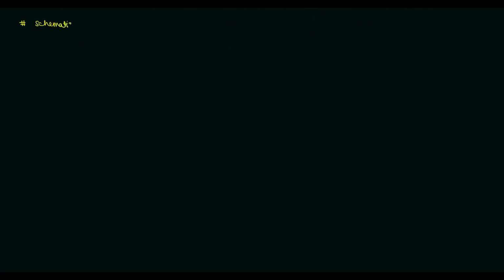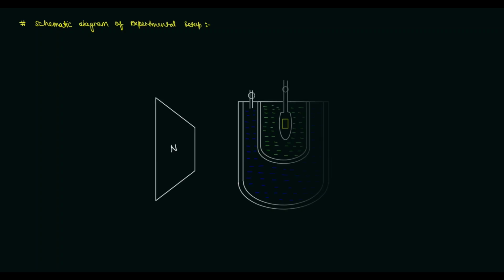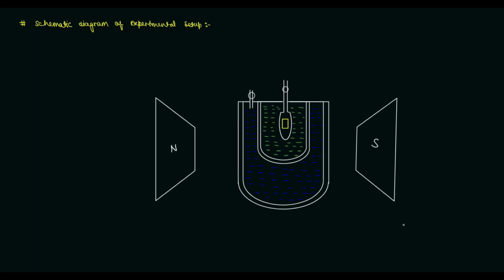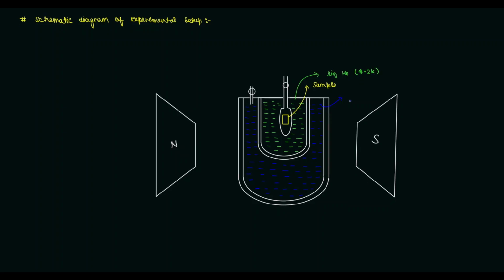Now let's see the schematic diagram for the experimental setup. Here you can see the schematic for the experimental setup for magnetically cooling a sample. Here the sample is placed in contact with liquid helium, which has a temperature of about 4.2 Kelvin, and the liquid helium is surrounded by a jacket of liquid nitrogen, which has a temperature of 77 Kelvin.